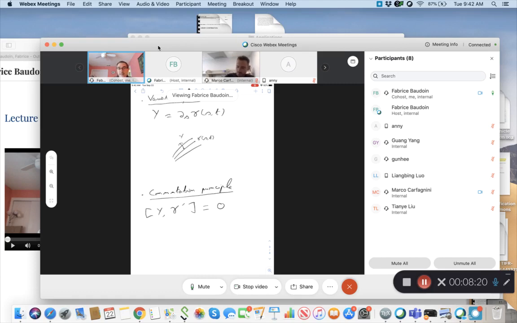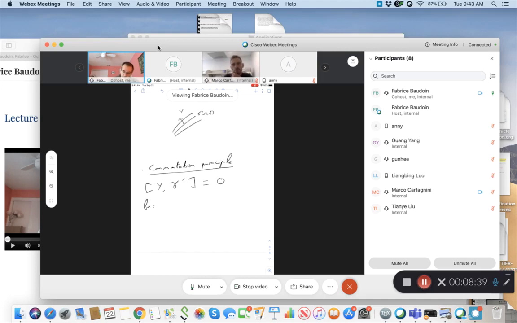Why is that? This is simply because the cross derivatives, ds and dt, they do commute. s and t are parameters taking value in a one-dimensional space. The two cross derivatives with respect to t and with respect to s commute. This is a very simple equality of the cross derivatives that comes from the Schwarz theorem.